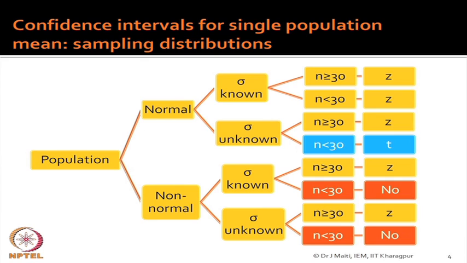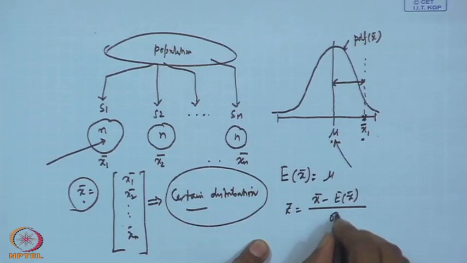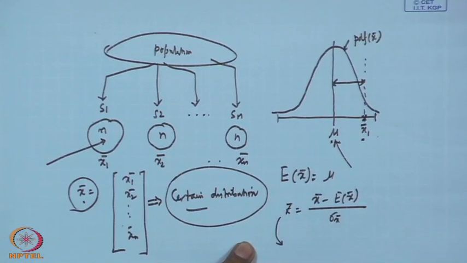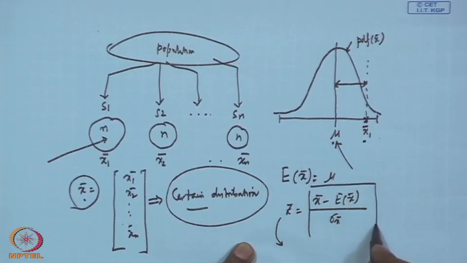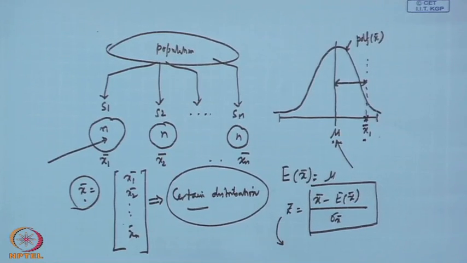the statistic we generate for x bar is Z equal to x bar minus expected value of x bar by sigma x bar. This quantity follows Z distribution if you sample from a normal population irrespective of the sample size, but sigma must be known.